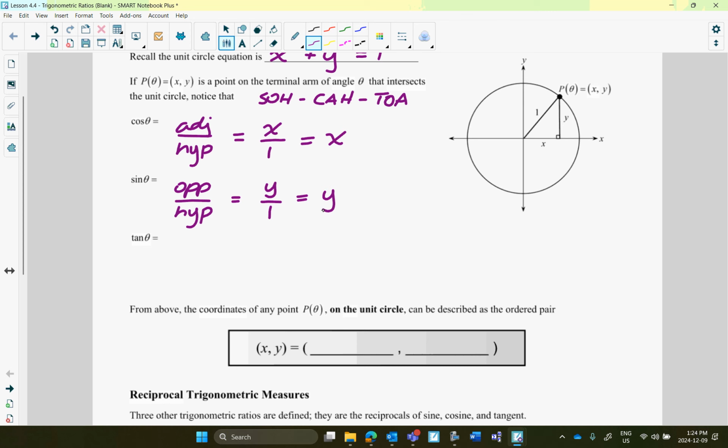And the tan, opposite over adjacent, which means the y value, or the y coordinate in the unit circle, divided by the x coordinate on the unit circle. So that one we got to do a little work for.